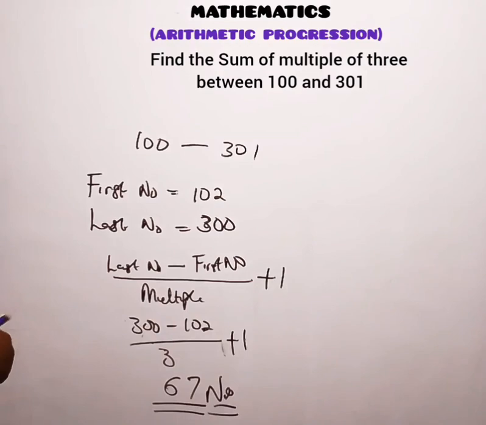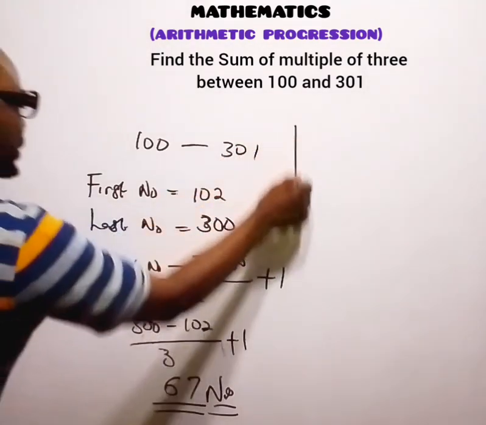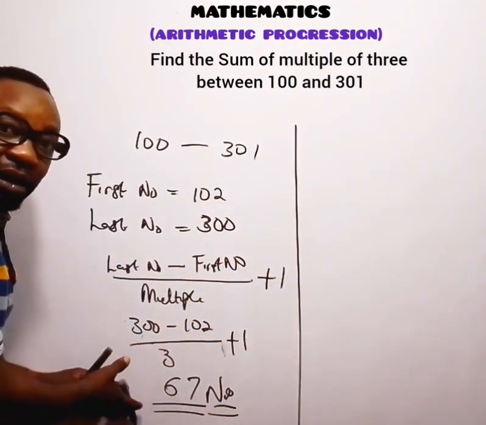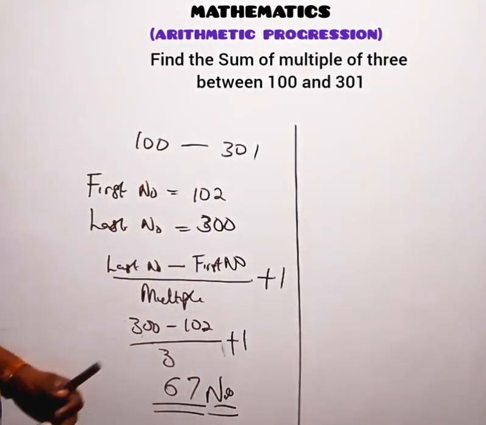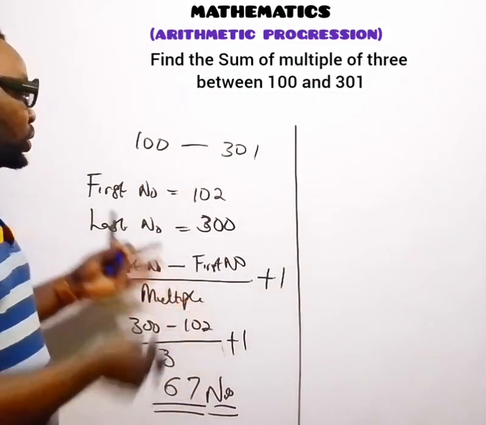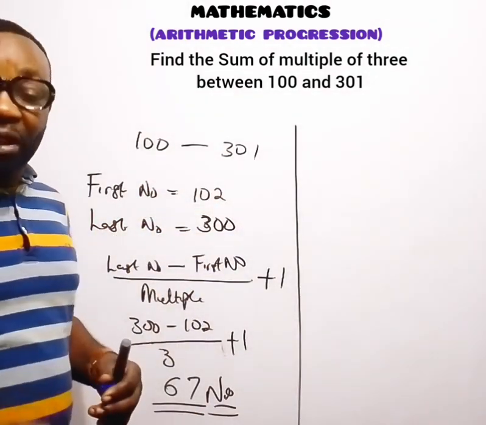67 numbers. Now, the next thing you do, we only got the number of terms here, but we are asked to find the sum of all those numbers. It is going to be cumbersome for us to start writing those numbers one after the other.